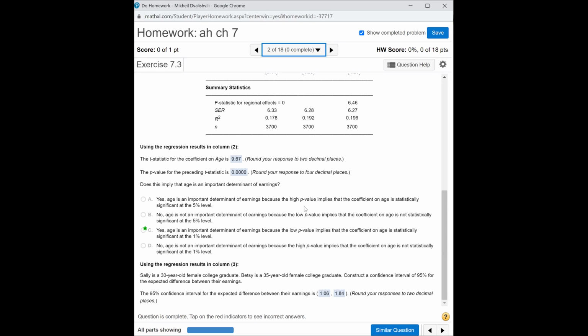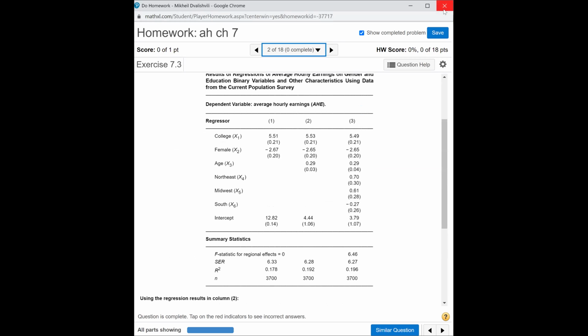I have to go to chapter 8. Yes, problem 2.